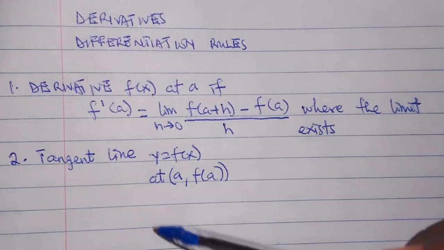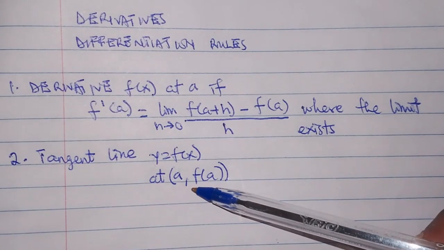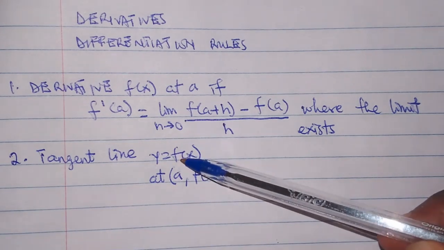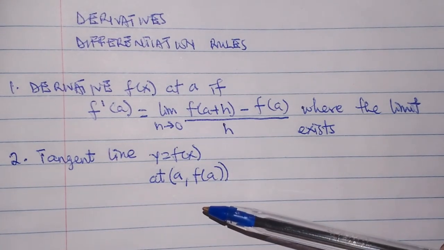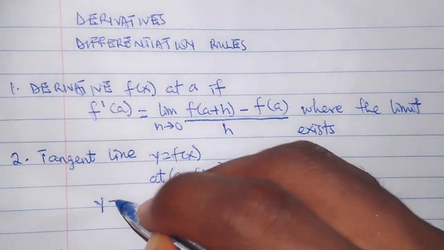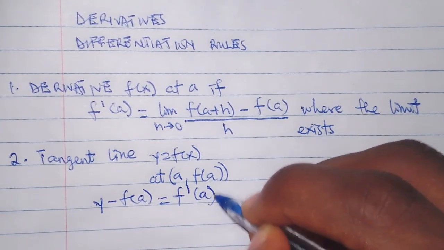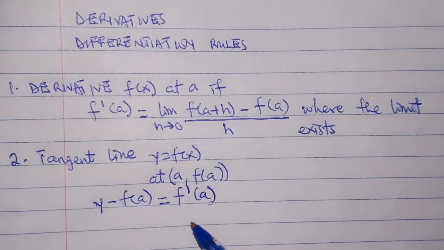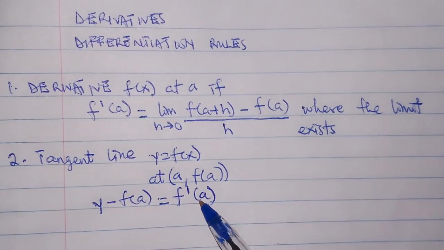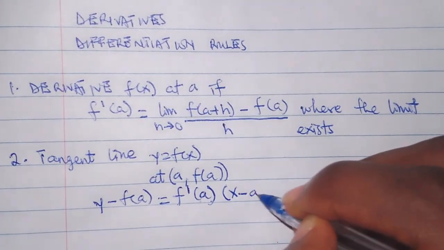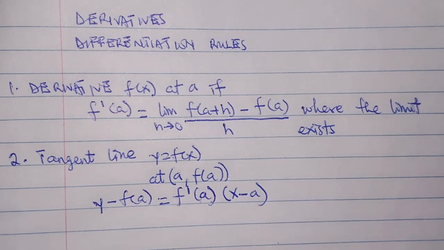If you have the point a and f of a, the equation for the tangent line is y minus f of a is equal to the derivative of f at a multiplying x minus a.